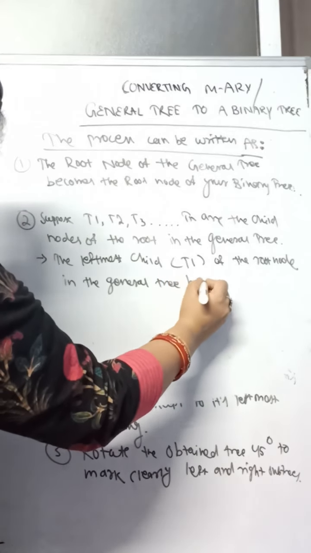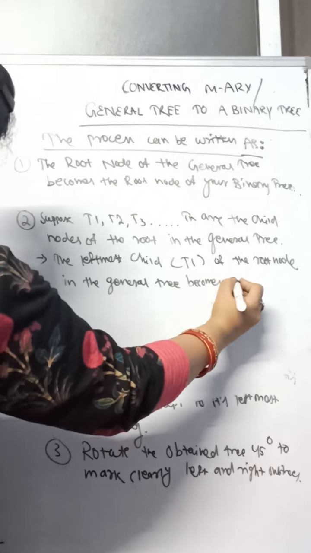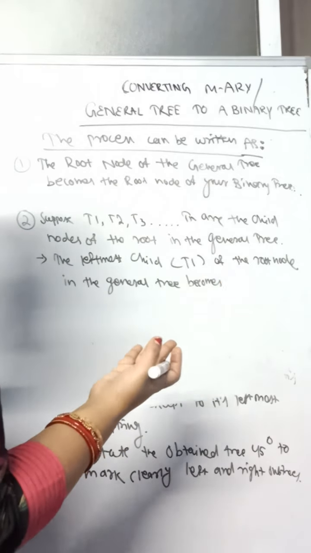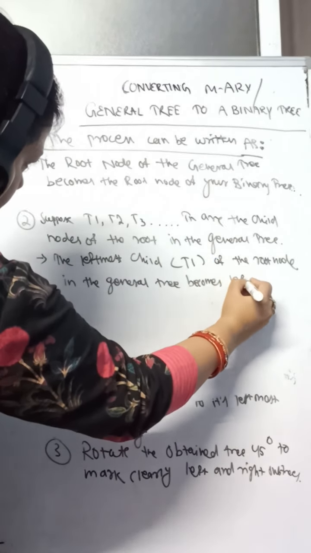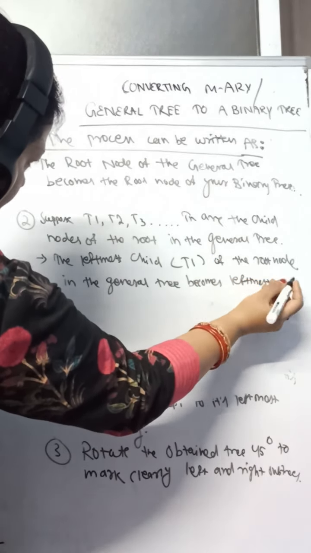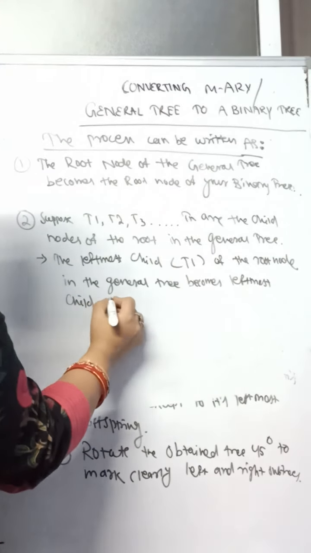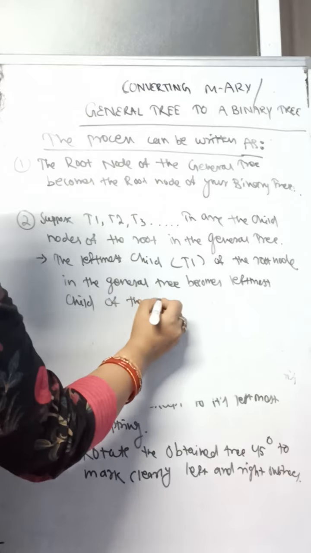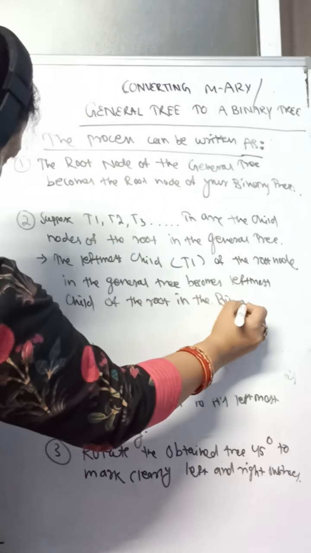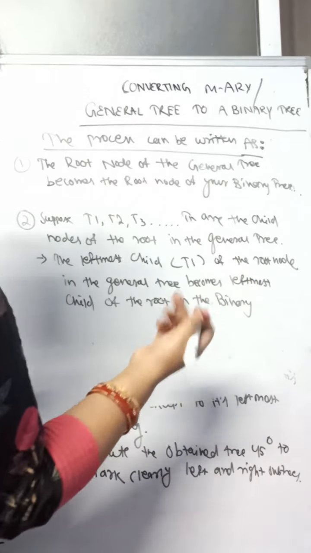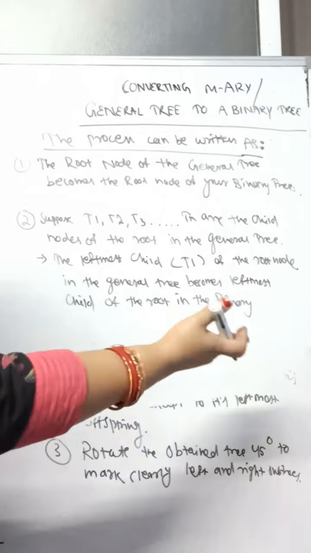becomes the leftmost child of the root in the binary tree. Here you can say left or leftmost, because the binary tree has only two children, a left child or a right child.